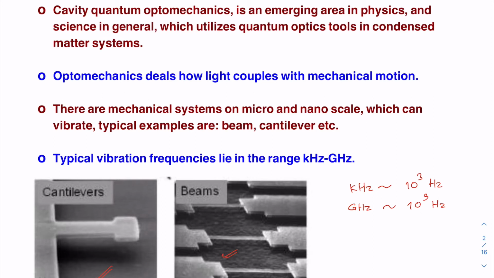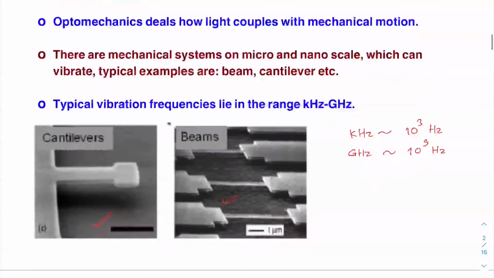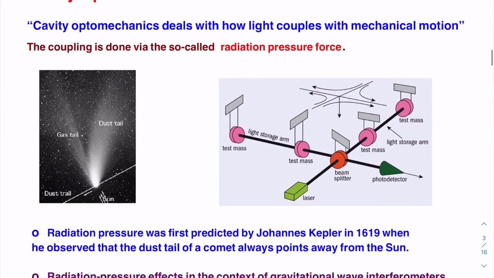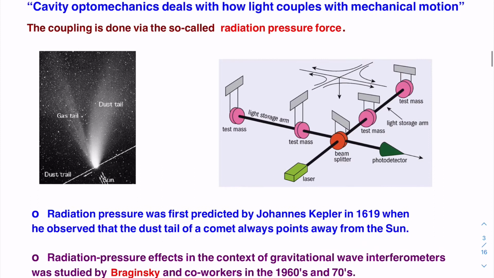And the radiation pressure force is the one which is responsible for coupling between light and mechanical motion. In fact, radiation pressure was first predicted by Johannes Kepler in the year 1619, when he observed, as you can see from this plot here, that the dust tail of a comet always points away from the sun.